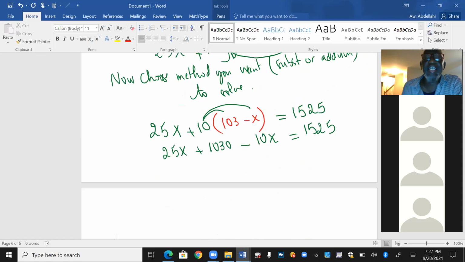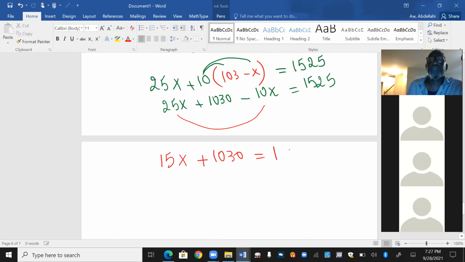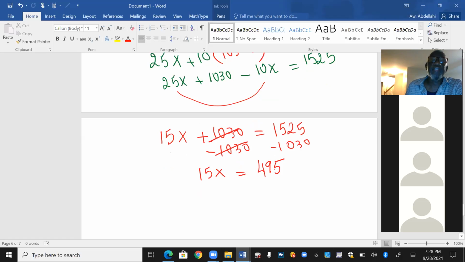After that, you group the like terms. 25x minus 10x is 15x, plus 1030 is equal to 1525. Subtract this number here, so we get 15x equals 495, when you subtract 1525 minus 1030. And then we divide by 15.